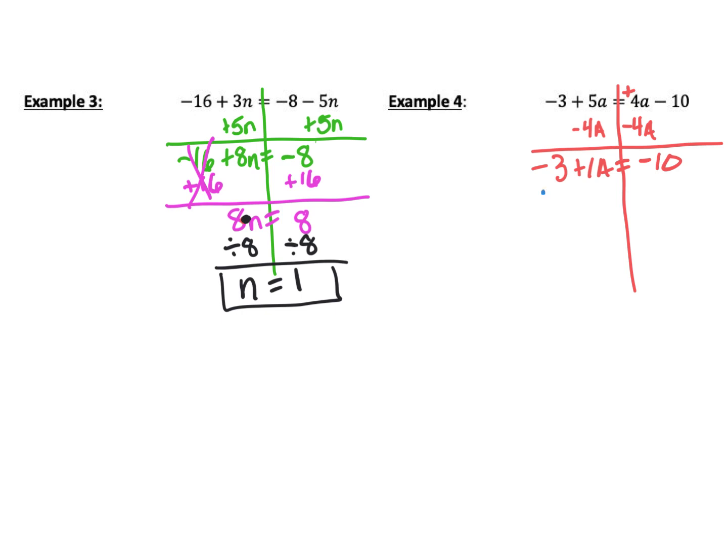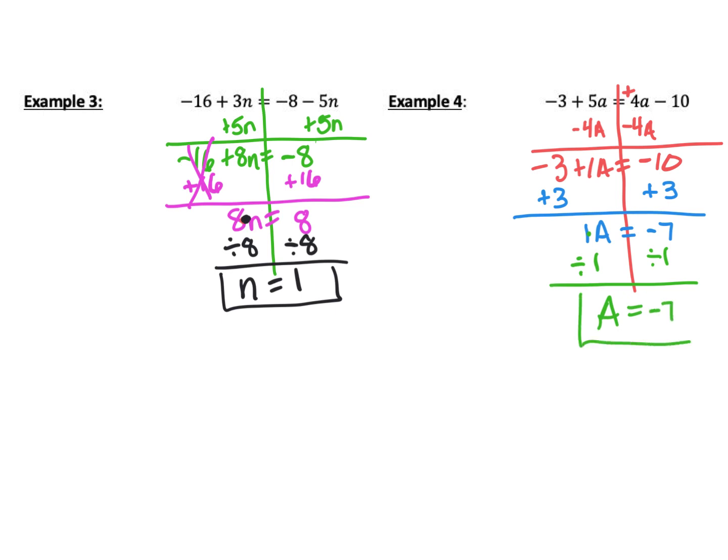How do I do that? I'm going to add 3 to both sides. So now I have 1a equals negative 10 plus 3, which is negative 7. And then I can divide by 1 because 1 and a are multiplying each other. So then a equals negative 7.